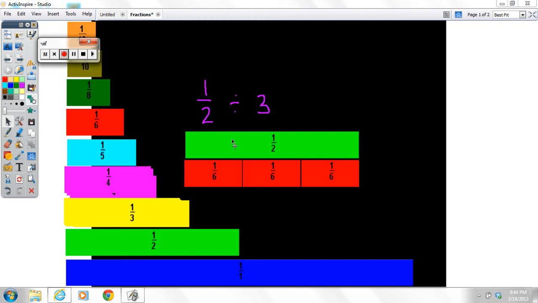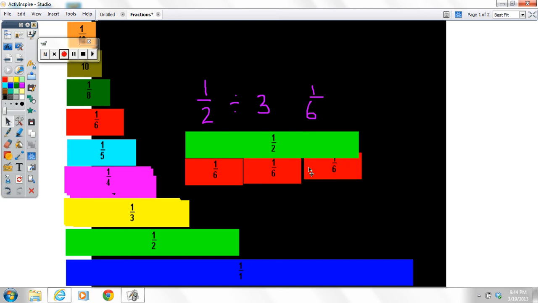So if I took this half and divided it equally by 3, I'm going to create 1/6 pieces, because I could see here this would be equal to 1/6. Each piece would be the size of 1/6 if I took the 1/2 and divided it into 3 equal parts.